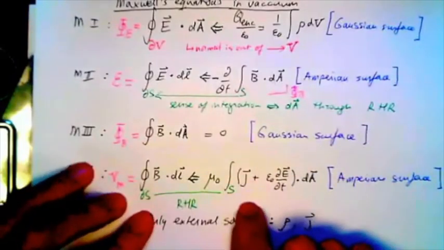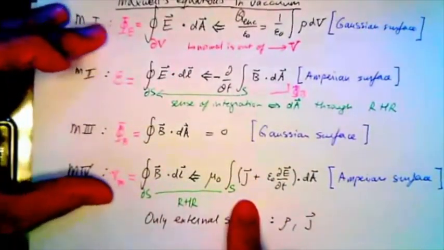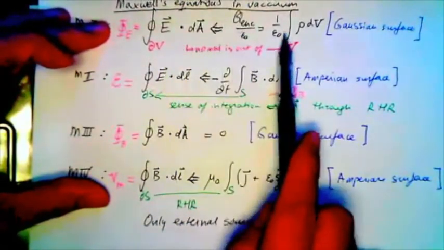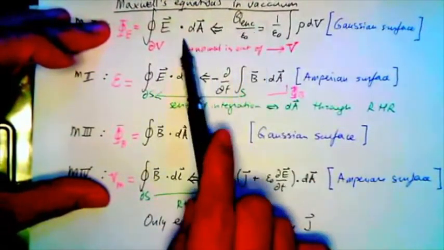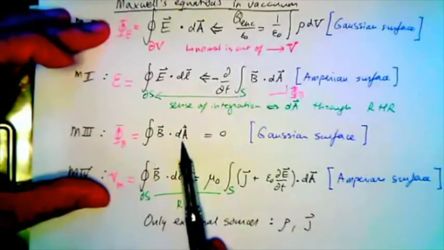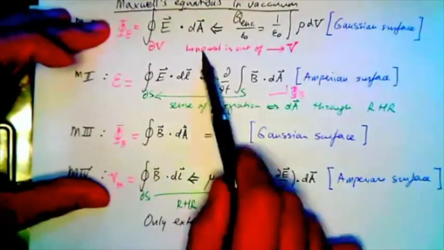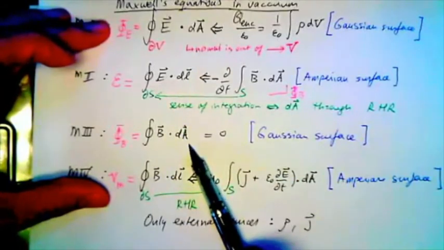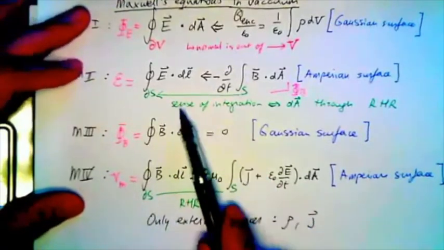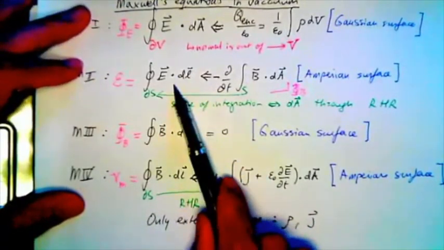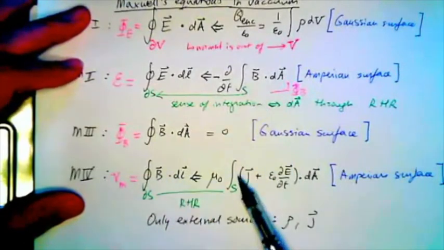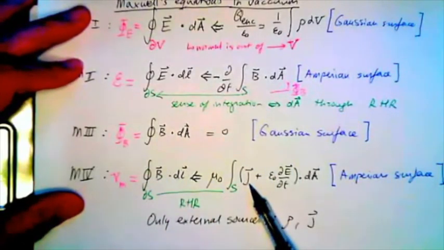I hope that you see that that actually increases the symmetry in these equations, because then all of a sudden this equation has a 0 for both the E Gaussian integral and the B Gaussian integral. So Maxwell 1 and 3 in their sourceless form have a 0 and a 0. Maxwell 2 and 4 also look very similar because there's an EDL and then there's a DDT on the right. And then there's a BDL and a DDT on the right.